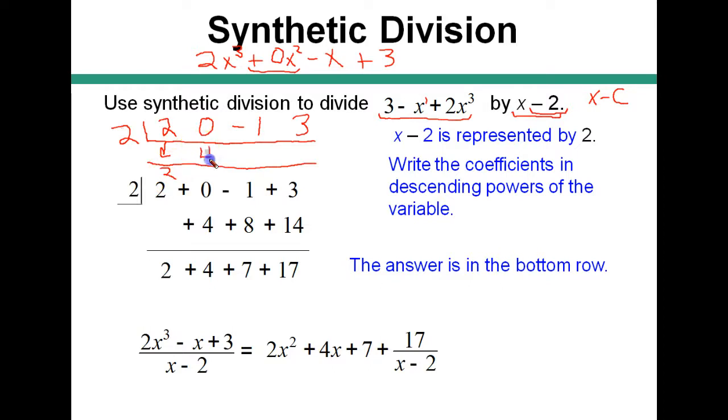We put that right there. And now we add this up and we get a 4. And we go 2 times 4 is 8. We add that up and we get a 7. 2 times 8 is 16.